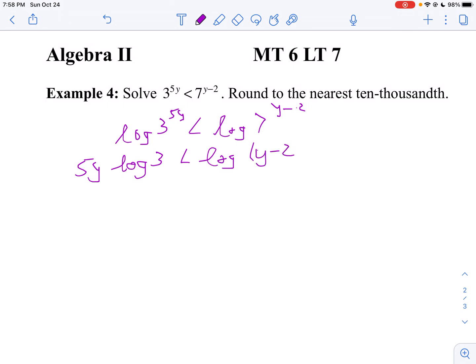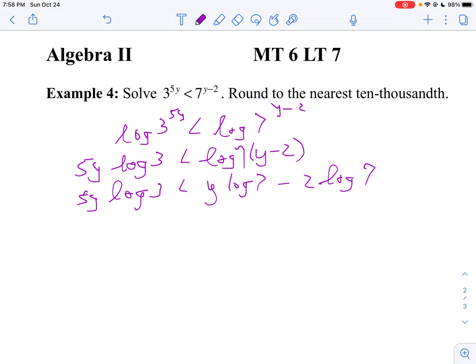And I'll distribute that log of 7 inside. I didn't write 7 there, sorry about that. So I have 5y times the log of 3 is less than y times the log of 7 minus 2 times the log of 7.